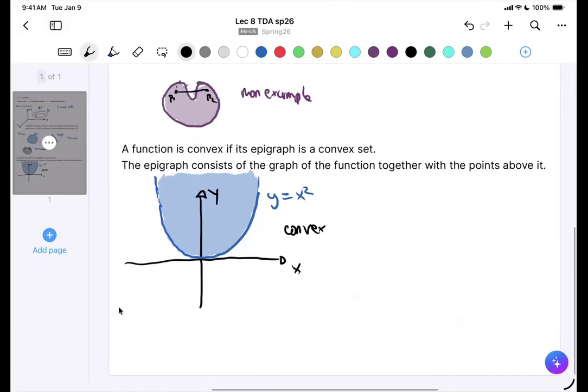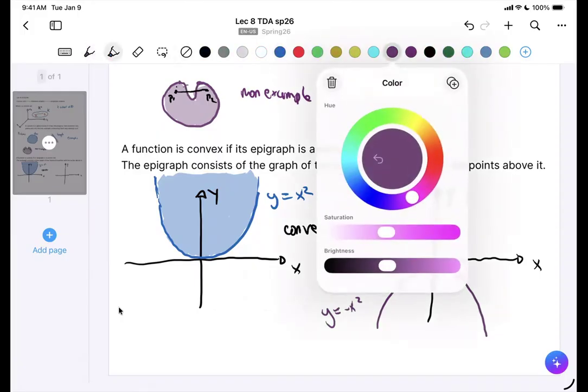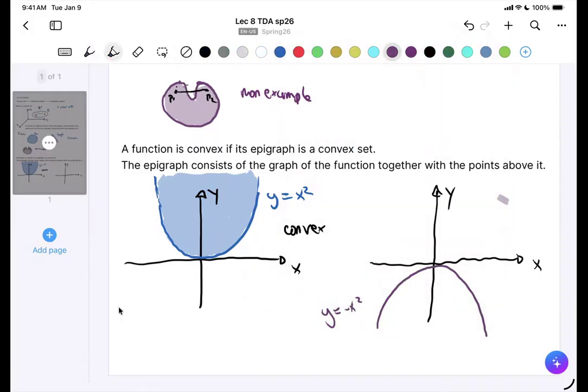But if you take the upside down parabola, that's a nice example to contrast it. If you do y equals minus x squared, then still the epigraph are the points above this parabola, so it would be something like this, right?